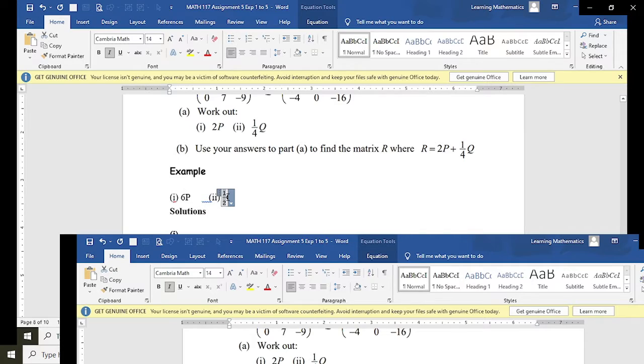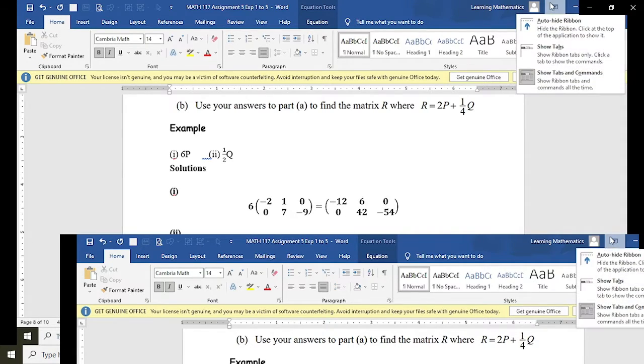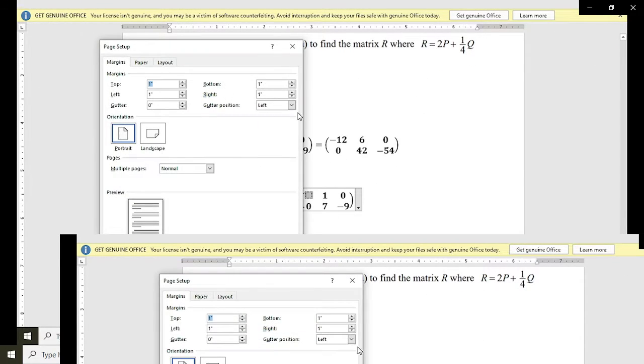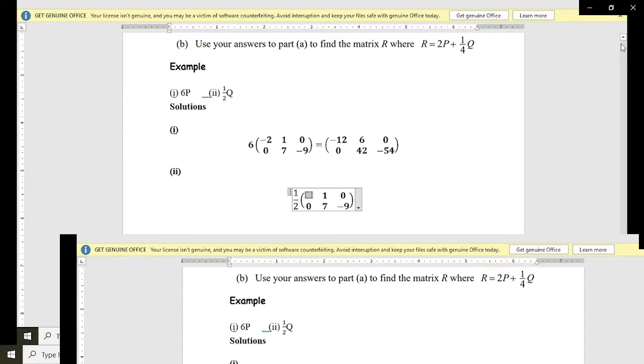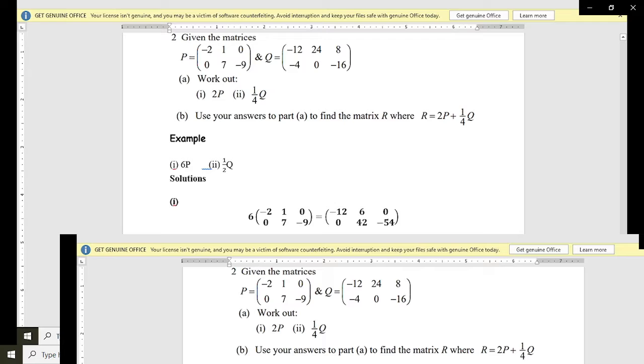Let's copy this, the same half. Put it in front there. So here we go. You all know the elements of Q, right? Yes, sir. Let me see if I can see it on my screen.